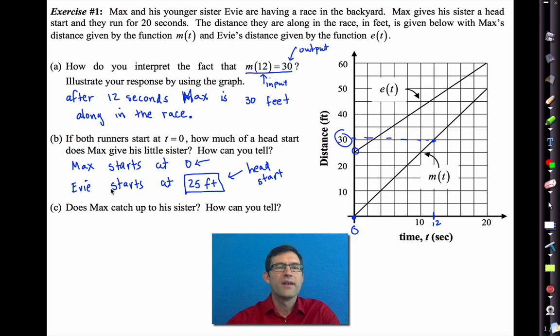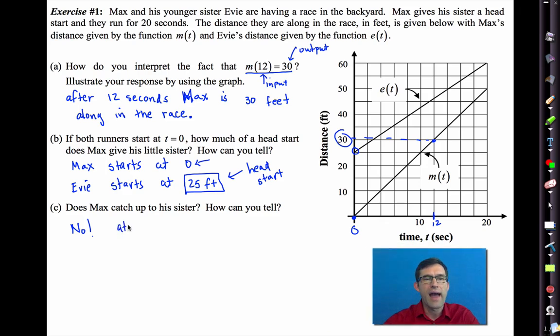All right, well, I'm hoping that you said no. Now, you could give many different explanations. To me, maybe the best way of saying it would be at t equals 20 seconds, e of 20, where is Evie?